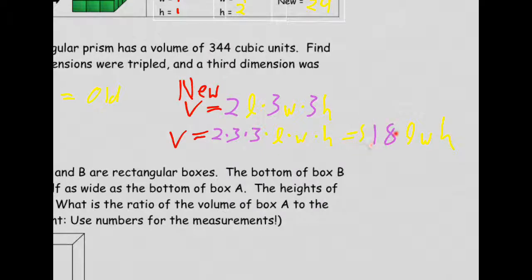The new volume is just the old volume multiplied by whatever we multiplied those sides by. Here's my old volume. Here's what I multiplied each side by.